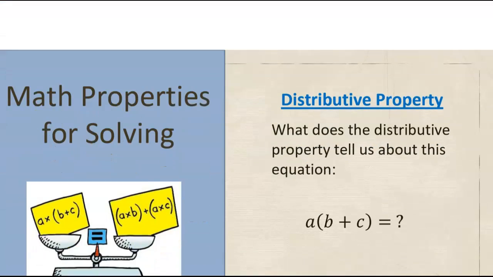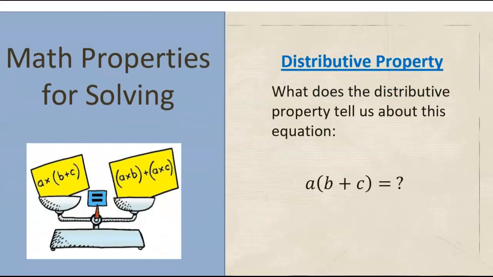All right, how about the distributive property? This might sound familiar. You might have seen this before, or maybe you haven't. What does the distributive property tell us when we have parentheses like this? Well, it tells us we can distribute the a to each of these terms inside the parentheses.